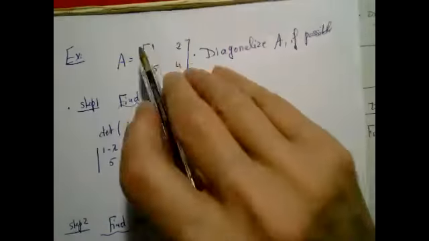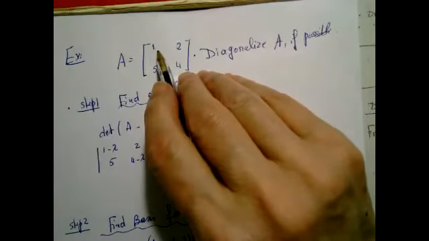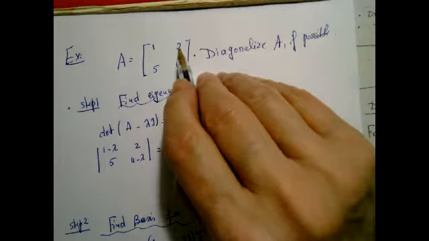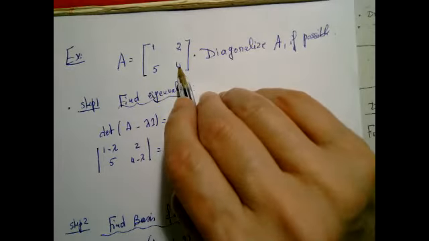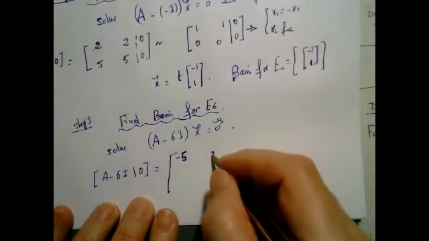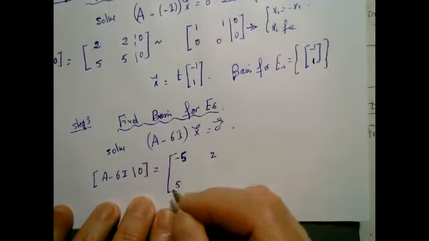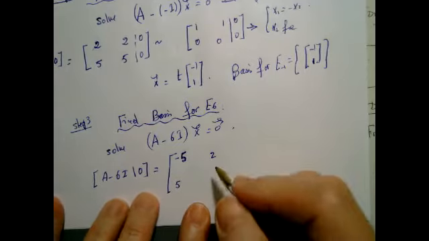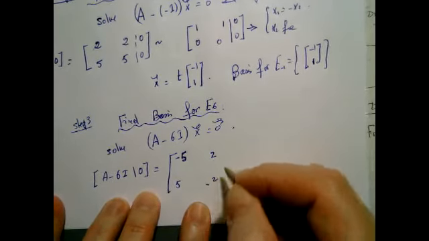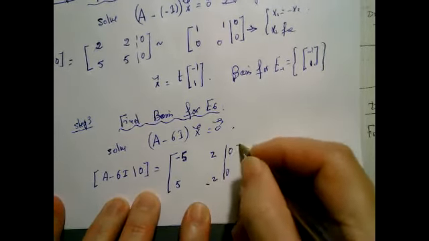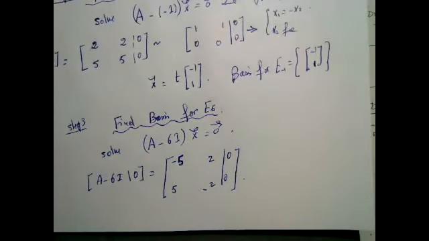This is my matrix A, so I'm taking minus 6 along the diagonal. I have a 2, I have a 5, and 4 minus 6, which is going to give me a minus 2, 0, 0.